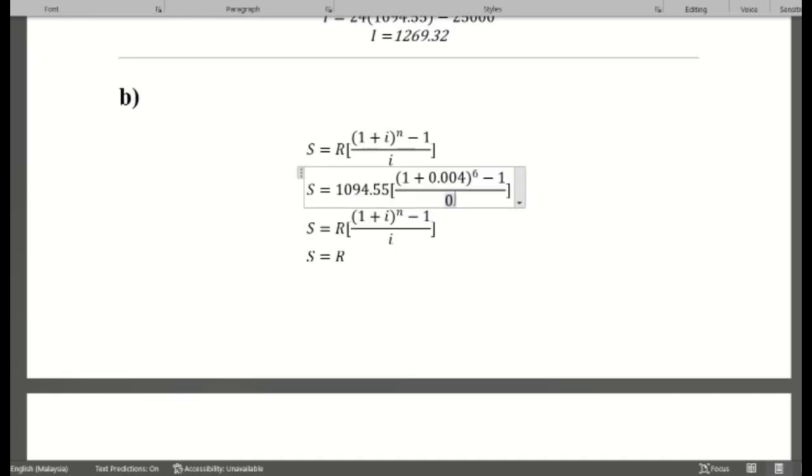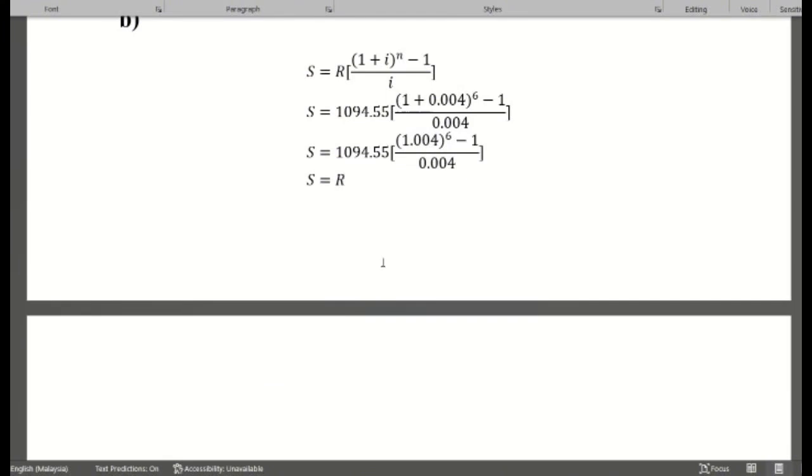So by this, it should be this, then we solve the brackets, then we solve it like this. The final answer should be RM 663 and 32 cents. So this is the final answer.